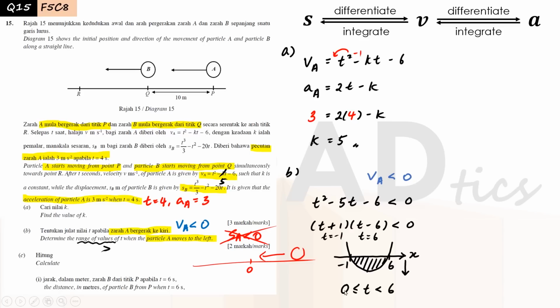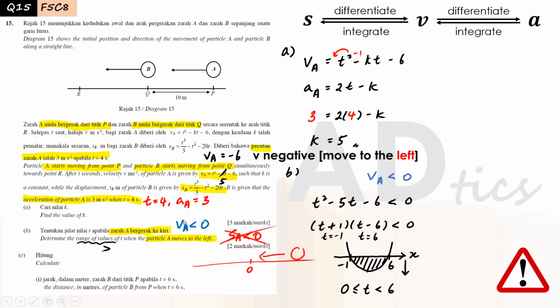Because when t equals 0, if you substitute 0 into this equation, you will obtain VA is negative 6. If negative, this means it is moving to the left side, right? We know that VA less than 0 means it is moving to the left side. So at the start of this experiment, it is already moving to the left side. That's why we include 0.